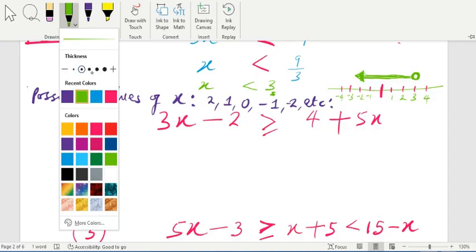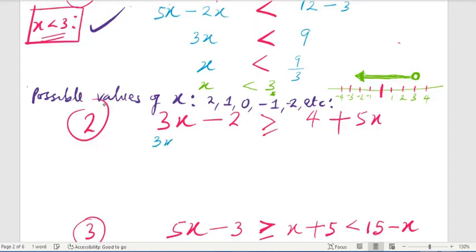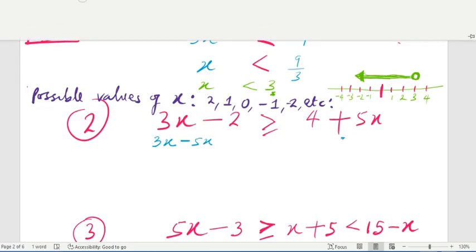We have 3x is already here, right? It's always good to write what is already there, and then before you move the other one. What sign does this 5x have? Plus 5x. When it gets to the other side, it becomes minus 5x, isn't it? Okay. So we have our less than or equal to sign.